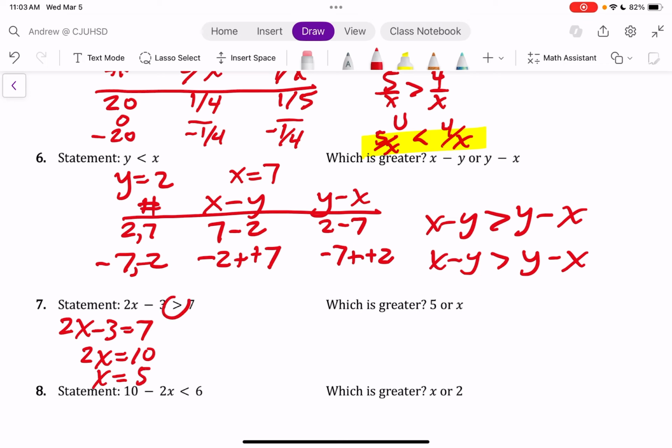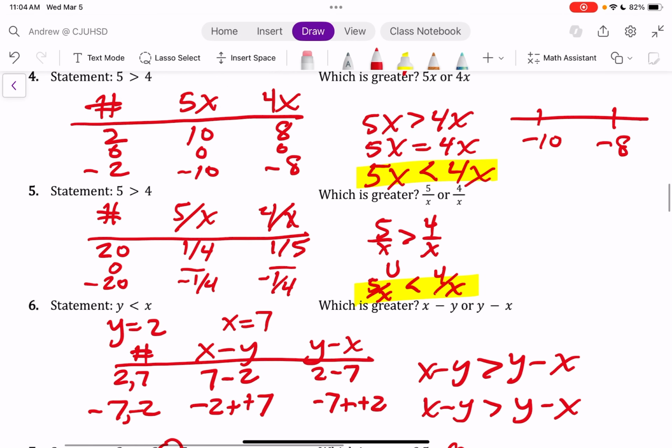Okay, but this says greater than. So anything bigger than 5 would be okay for x. So x would be bigger. I know that seems a little complicated for now, and we're going to work on that in the future, how to solve inequalities. But here are the major takeaways we need to look at.